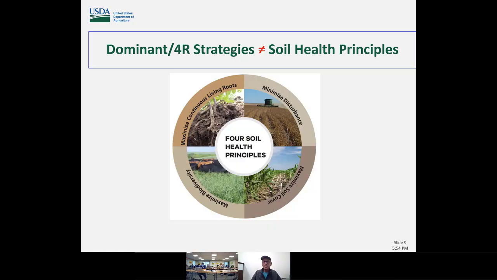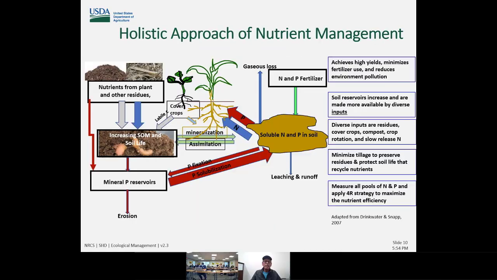No, it doesn't. Here you can see it doesn't minimize disturbance. It doesn't minimize soil cover, biodiversity, or living roots. So here we come to the holistic approach to nutrient management.